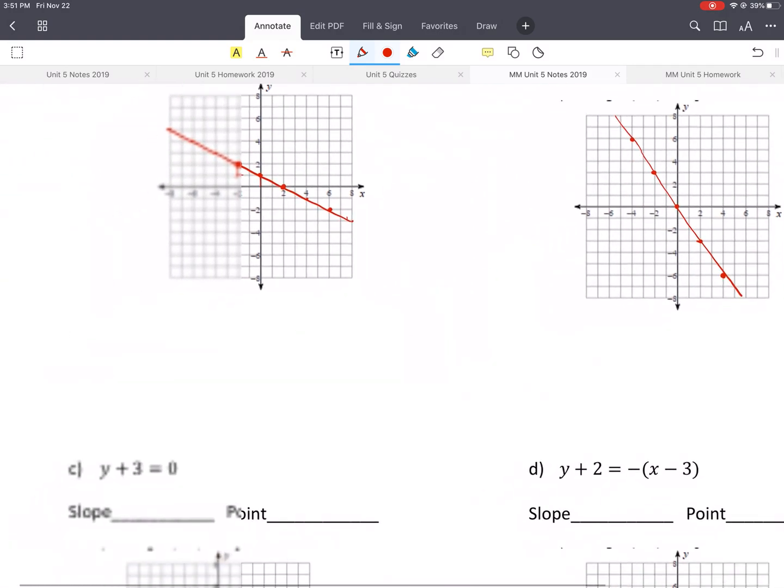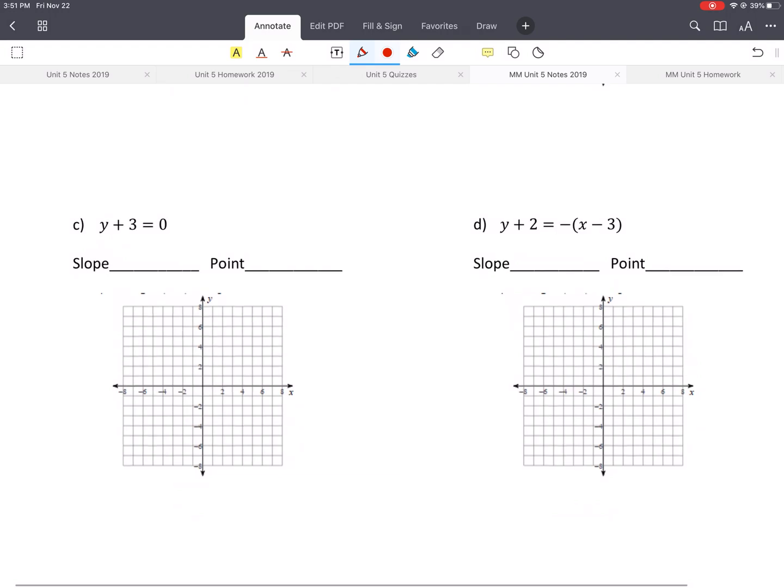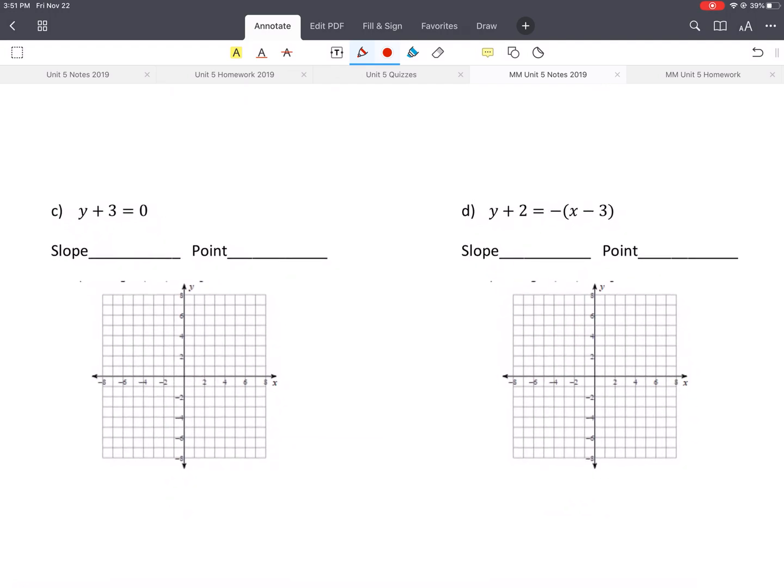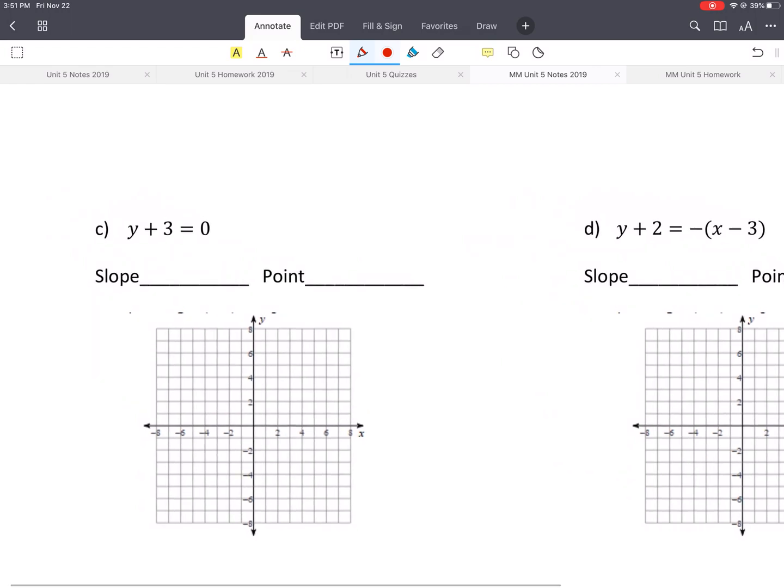Okay? So here, these ones are for you. I'd like you to give these a try, pause it, and come back to me. All right, so this one we talked about slope. Okay, so looking at that, there's not anything there. There's no slope. It's 0, okay?